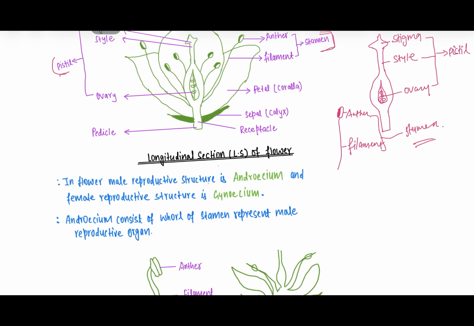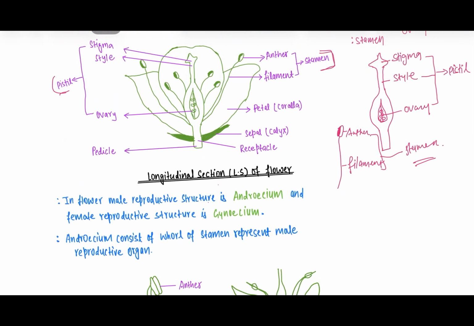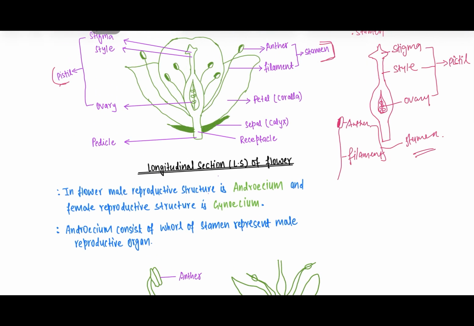Now we will start with the longitudinal section of flower. This is actually the longitudinal section of flower. You can refer to the various parts. I have already explained the two most important parts we will be dealing with in this chapter, that is pistil and stamen.